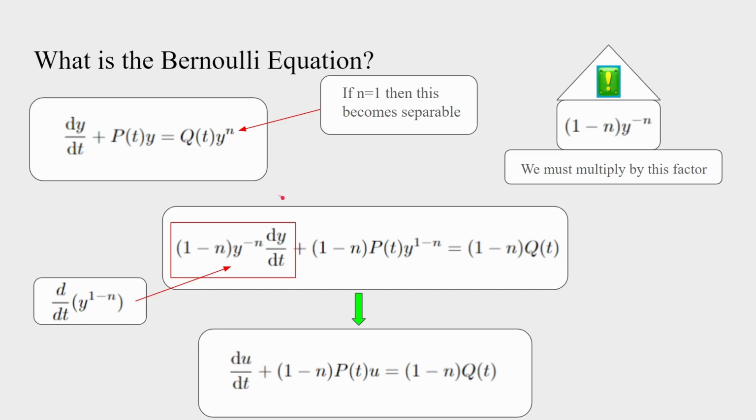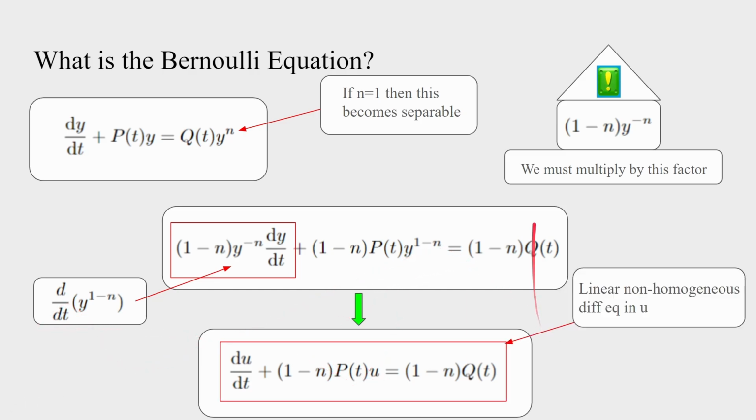But first, let me just explain this. So now, this makes perfect sense, doesn't it? Y to the negative n, 1 minus n, times this, slip it into this, and y to the 1 minus n is u. We'll define that.